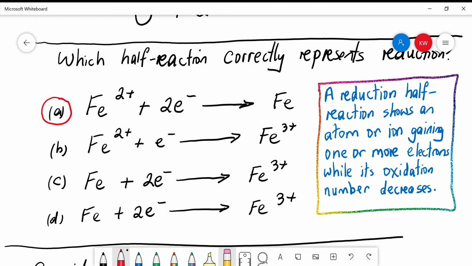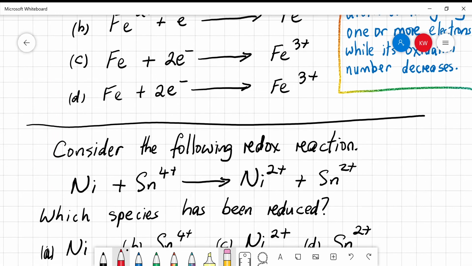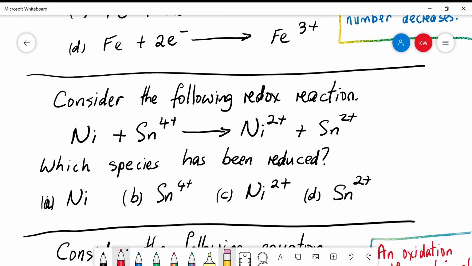Okay, let's look at another example. Consider the following redox reaction: Ni, that's nickel, and tin with a 4 plus charge, going to nickel with a 2 plus and tin with a 2 plus. Which species has been reduced? We have to look at the reactant side.